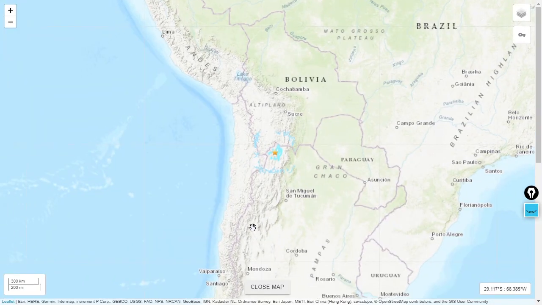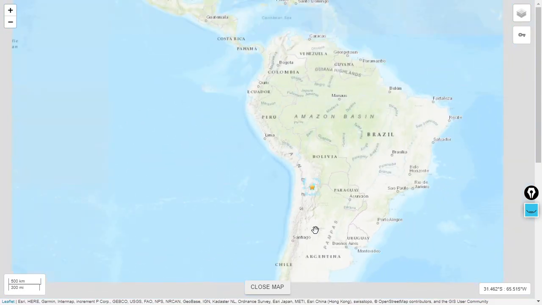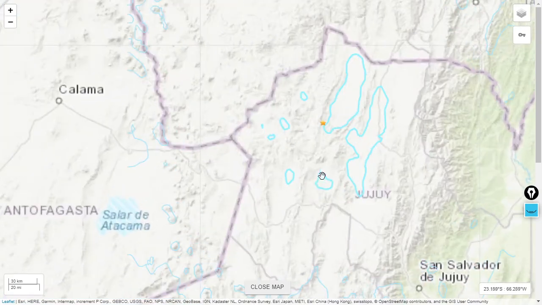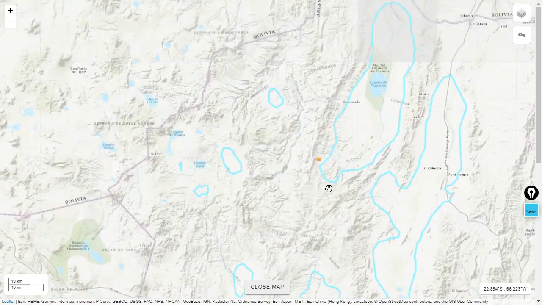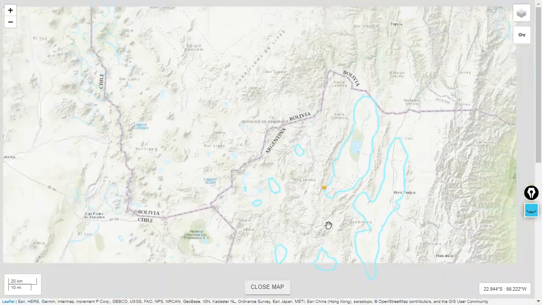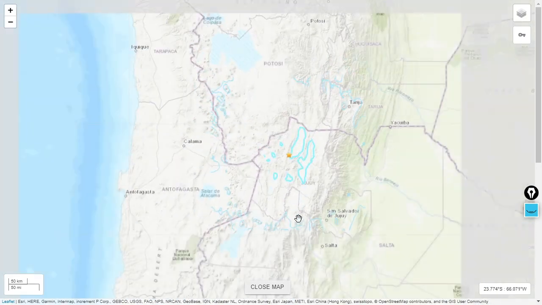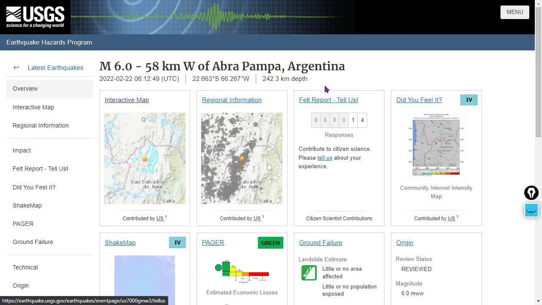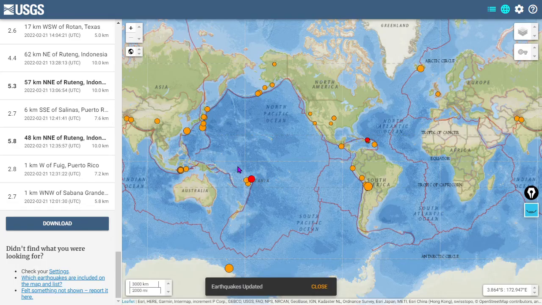There's a location of that in the Andes Mountains, a fairly unpopulated region, I would venture to say. And the mountains will insulate a lot of that area from feeling that 6-magnitude quake. Anyway, that's a location. That one came in at 6:12 this morning. So we may be seeing foreshocks here. Remember, folks, any earthquake can be a foreshock.